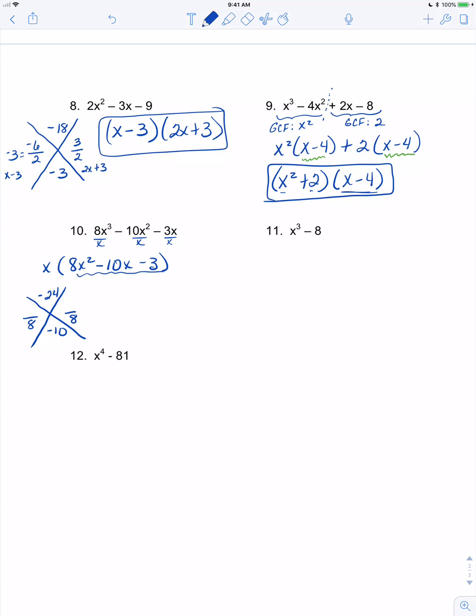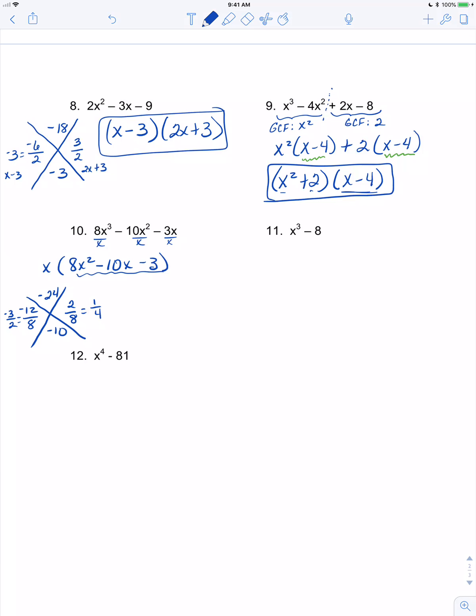So what times what is negative 24 that adds up to be a negative 10? Well, that should be negative 12 and a positive 2. Both of these terms will reduce. They're both divisible by 4, so that's negative 3 over 2. This one reduces to 1/4.